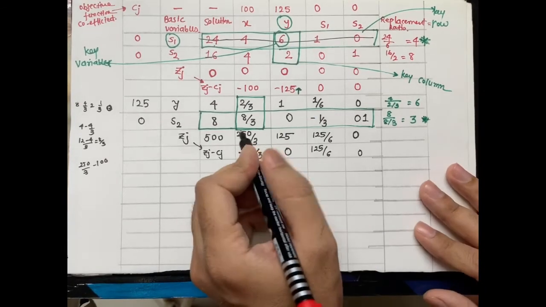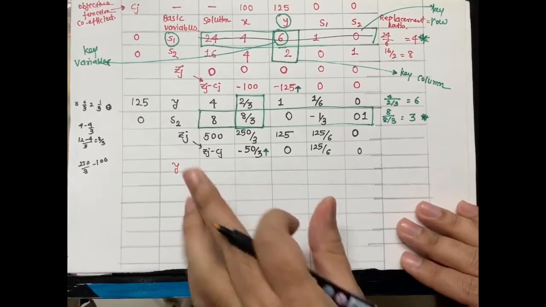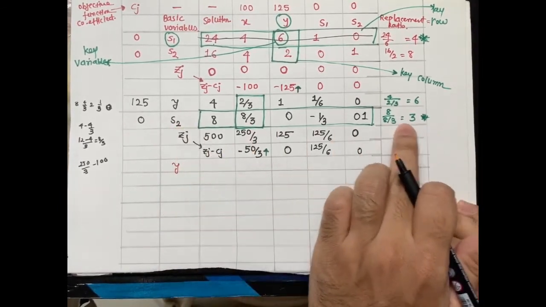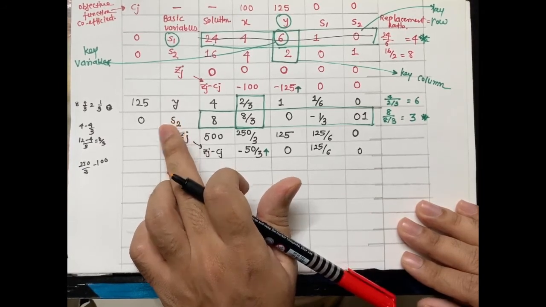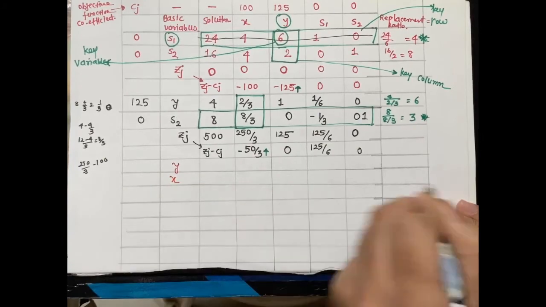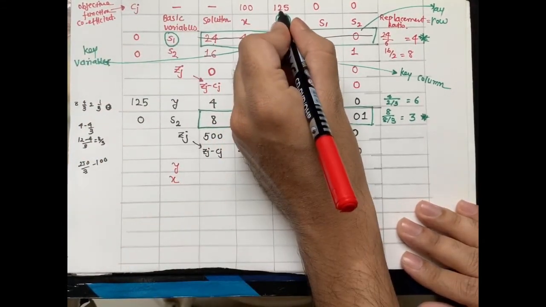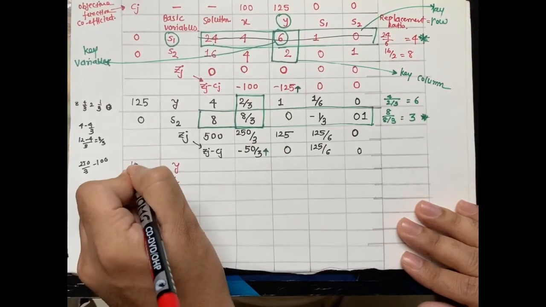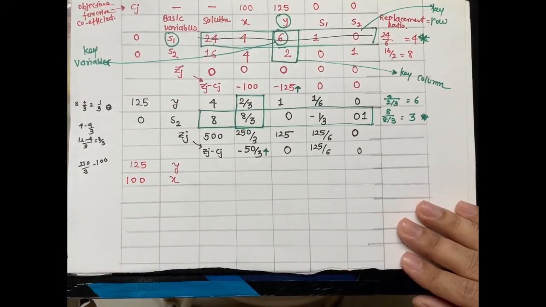For the third iteration, we know that y remains as it is. S2 is the key row variable, so this variable is leaving. The key column variable is entering, so that is x. What are the Cj values of y and x? It is 125 and 100. So I rewrite these values, 125 and 100.